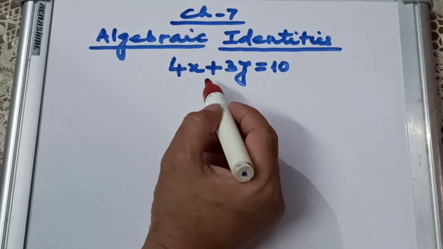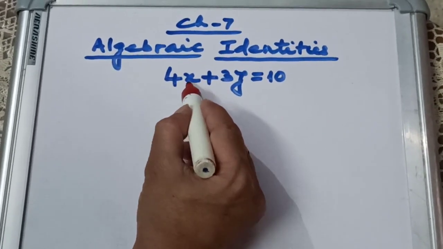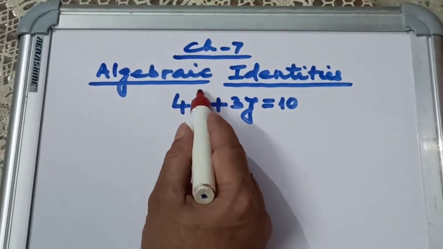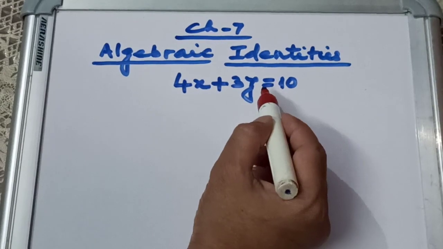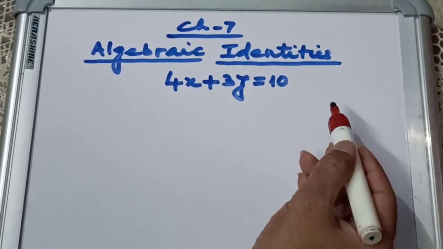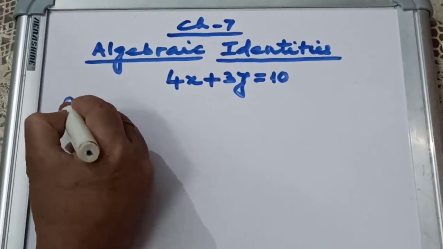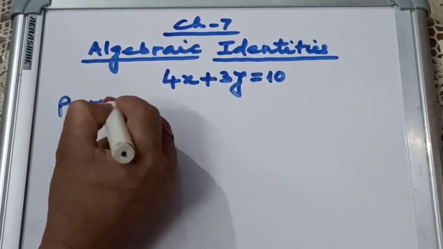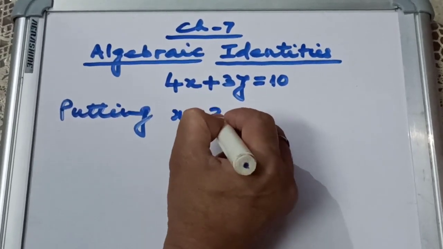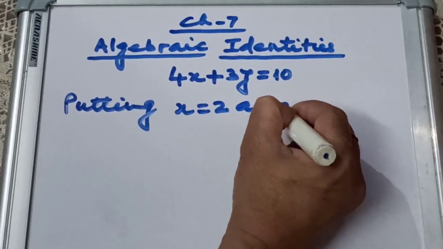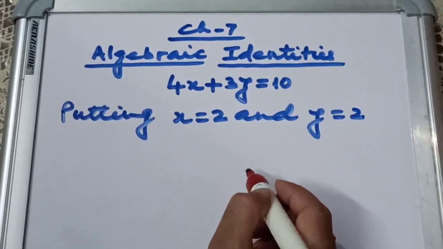Putting different values of x and y in the place of x and y. x और y के जगह पर हम अलग अलग वैल्यू पुट करेंगे. Putting x is equal to 2 and y is equal to 2.